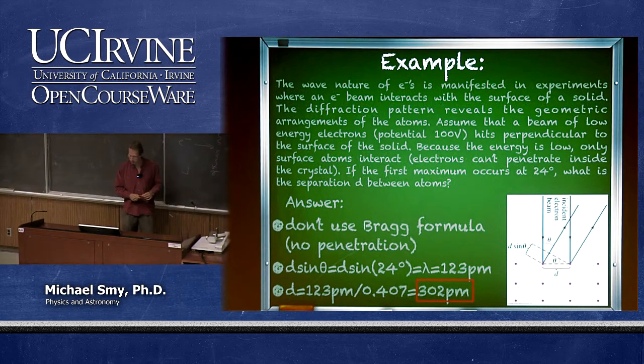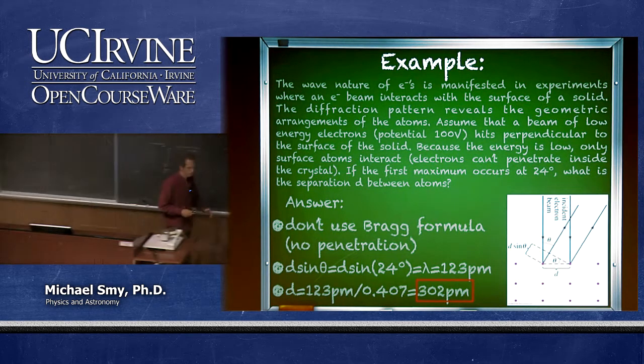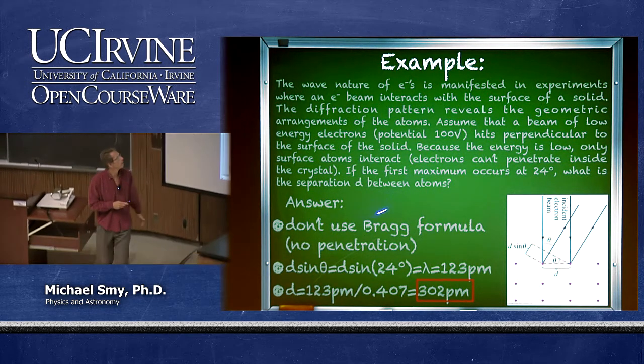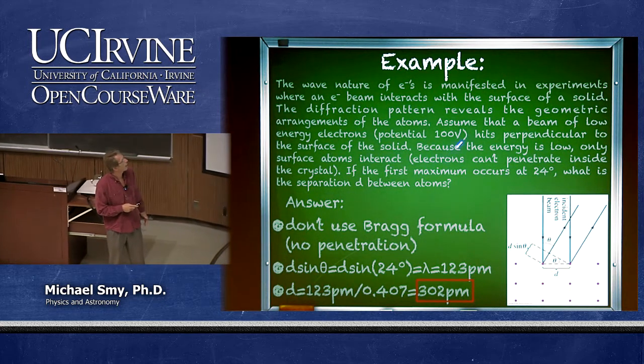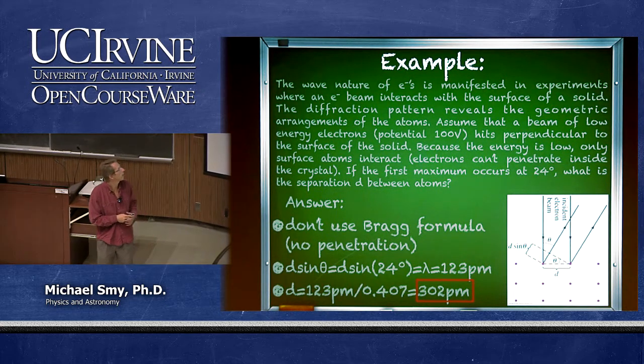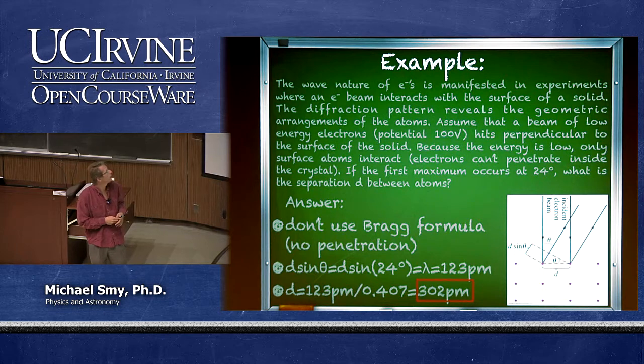As a further example, we can actually calculate a diffraction pattern. So let's say we have such a 100 volt potential and accelerate electrons. And let's say we observe a maximum, the first maximum, that occurs at 24 degrees. What is the separation d between atoms? And to solve that, since the energy of the electrons is low, they don't penetrate into the crystal like X-rays would do.